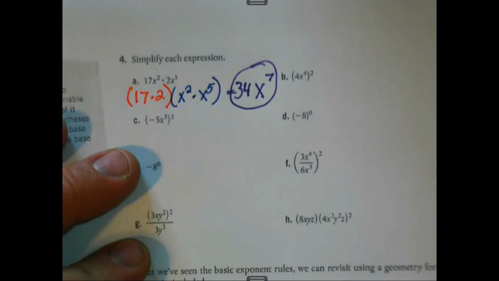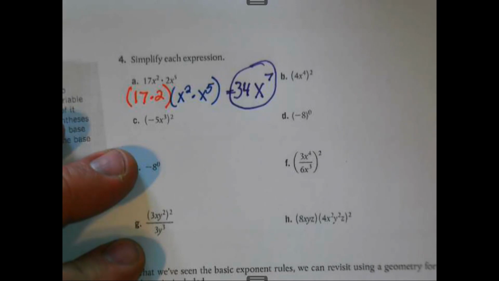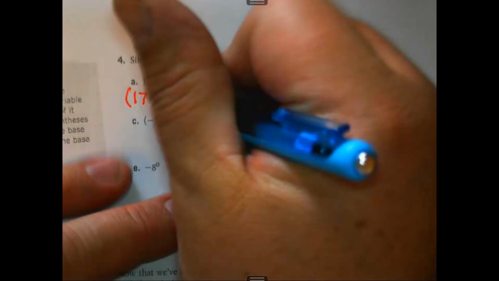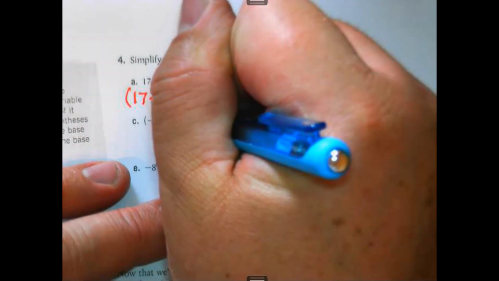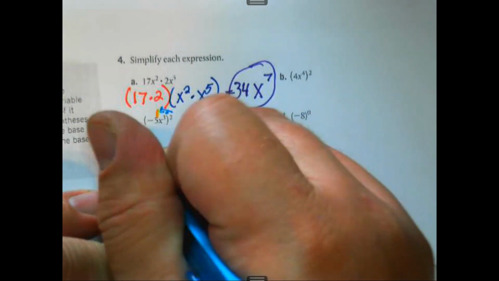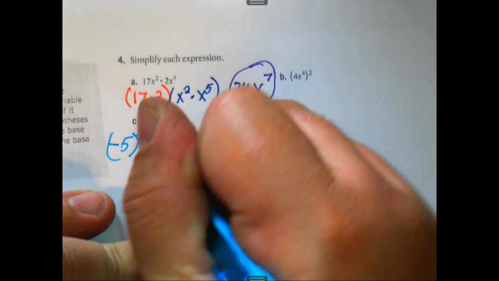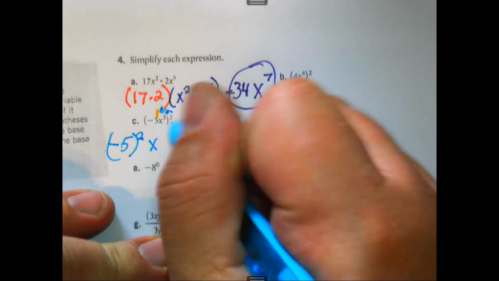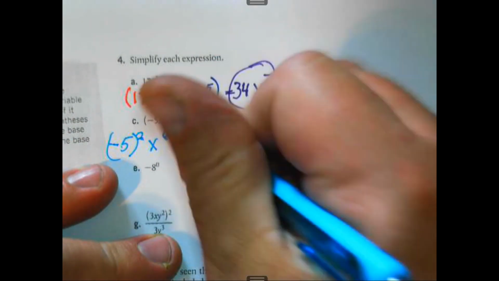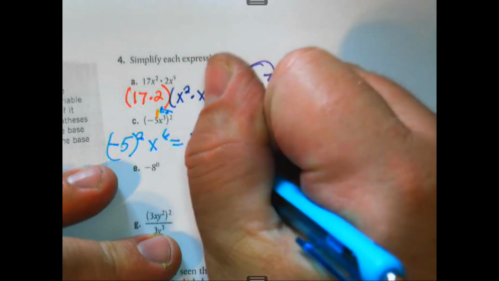Now, be careful with negative numbers. Remember there's a 1 there, so we have to distribute that 2 to each exponent. This is a negative 5, so it actually is negative 5 squared. X to the 3 times 2 is 6. In your calculators, if you don't put parentheses around negative numbers, you're going to get the wrong answer.